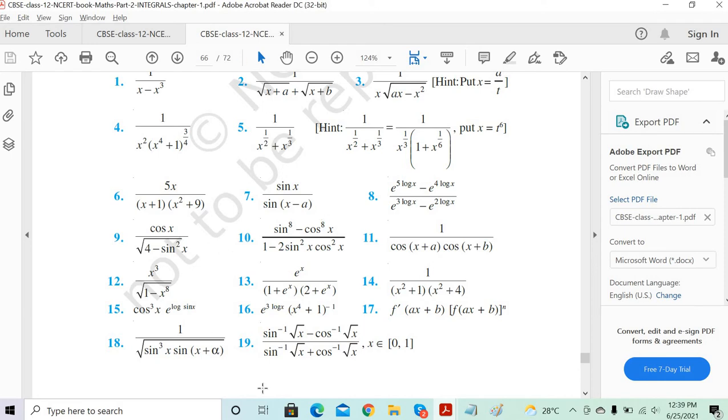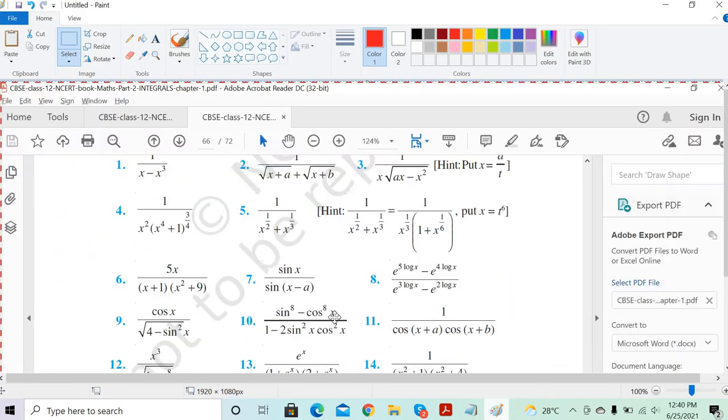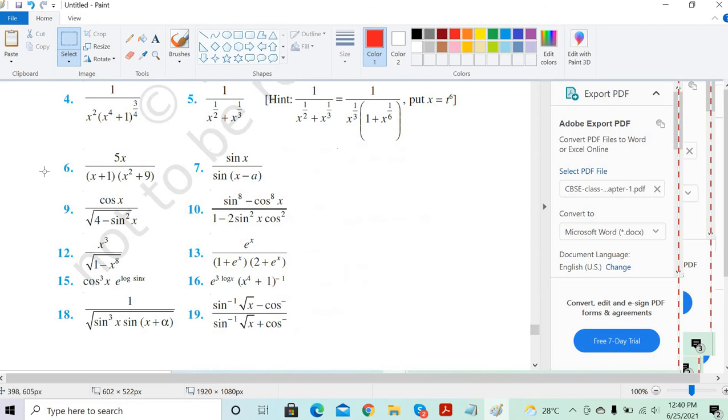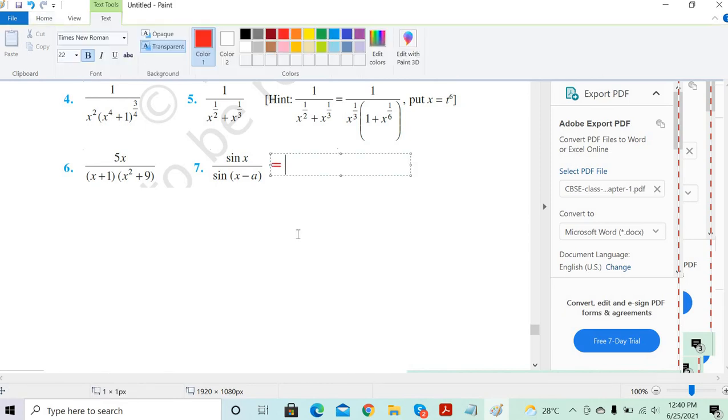So then what's the integration of cot t? Cos t integration is sin t only, no?